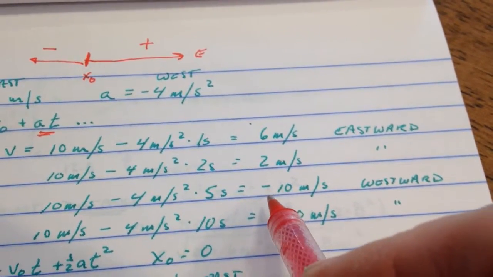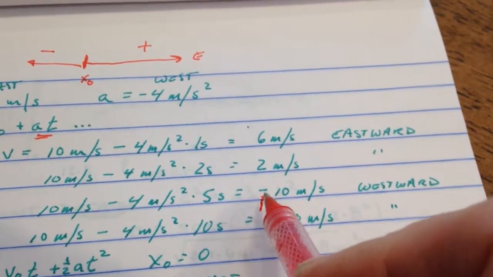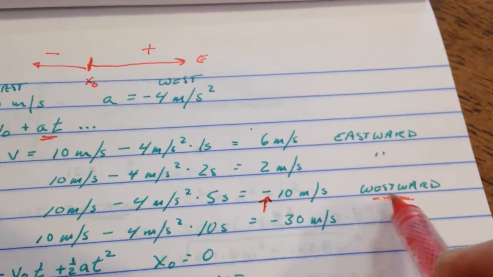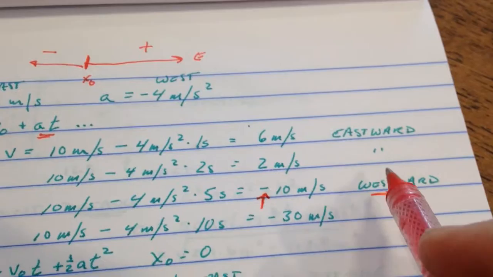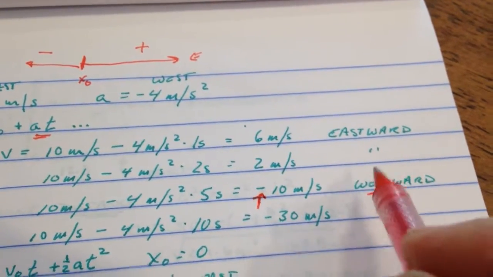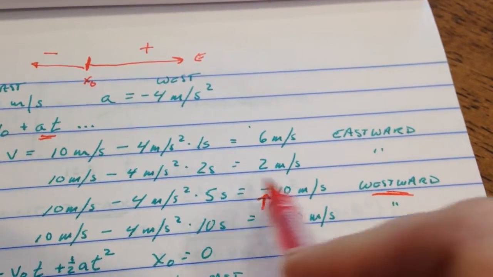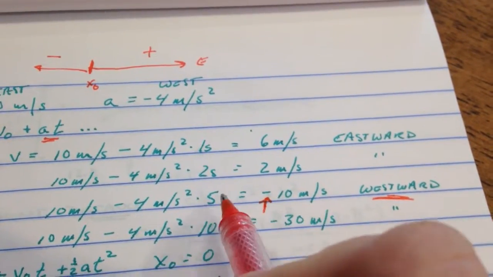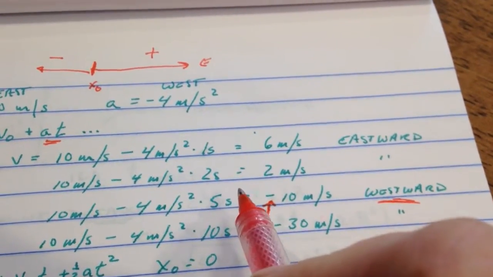Notice that as I move to 5 seconds, my velocity becomes negative. That means, in a real life understanding of what's going on, that I am now heading westward. My velocity has now turned to 10 meters per second in the westward direction.